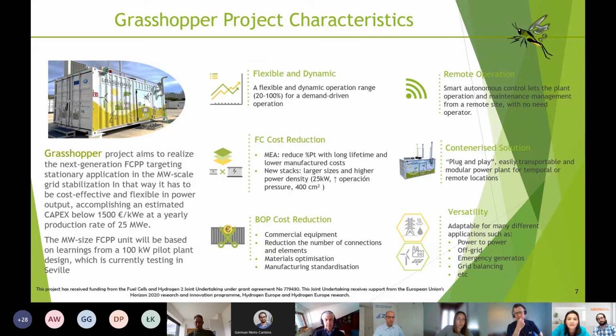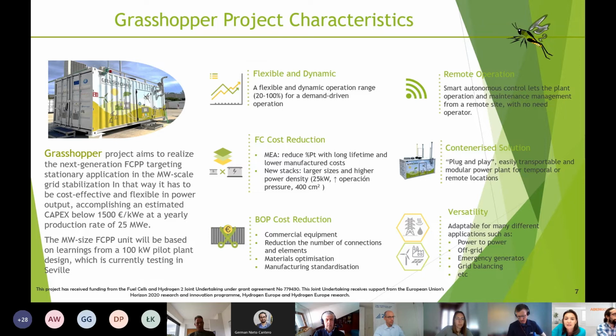Although the technical feasibility of hydrogen fuel cell power plants has been well demonstrated, a significant step in cost reduction is still needed. So one of the project aims is to reduce this cost. When we say cost reduction, we are talking about a capital expenditure of less than 1,500 € per kilowatt, halving the cost of previous projects.